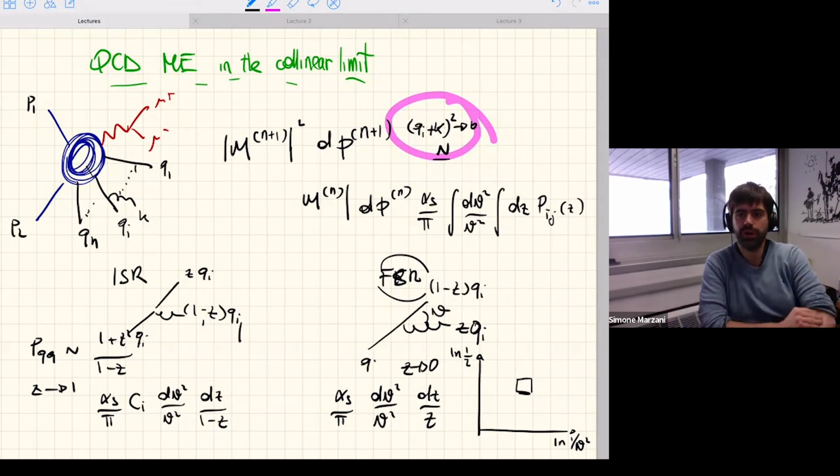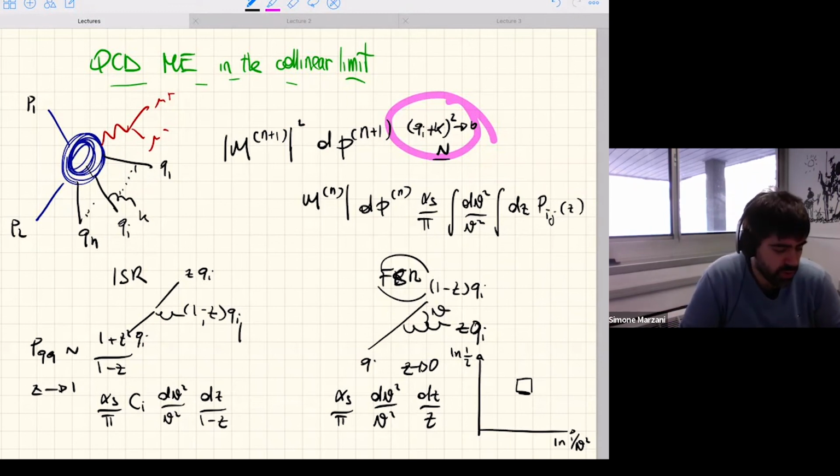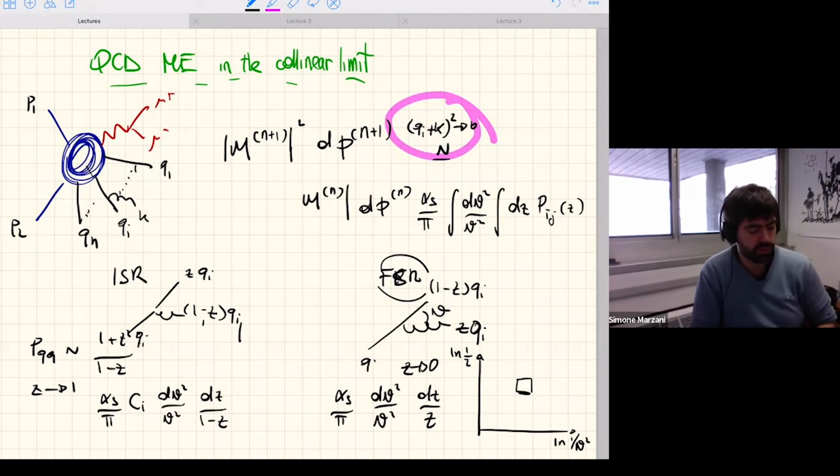What I want to say more about collinear factorization: I wrote collinear factorization for the matrix element squared, so I can think of it as a factorization of probability. This comes with a semi-classical way of thinking: the probability of emitting two partons is the product of the probability of one, then the no-emission probability, then emitting another.